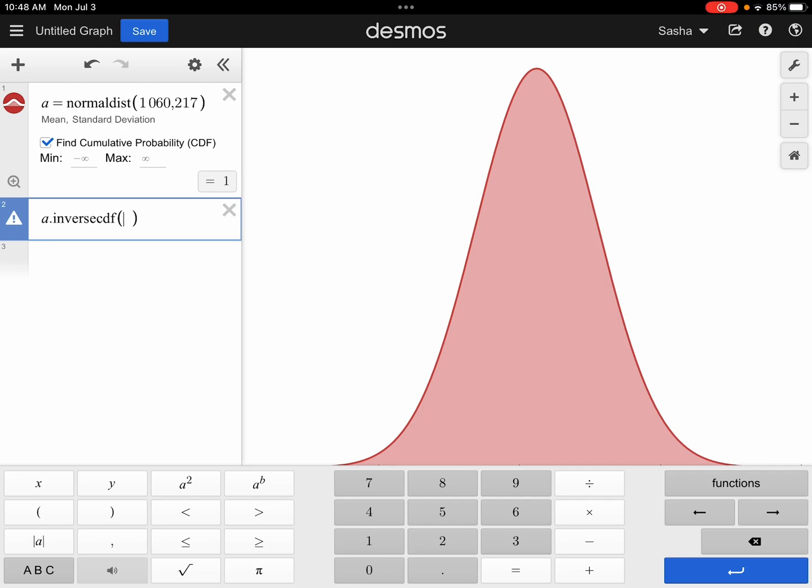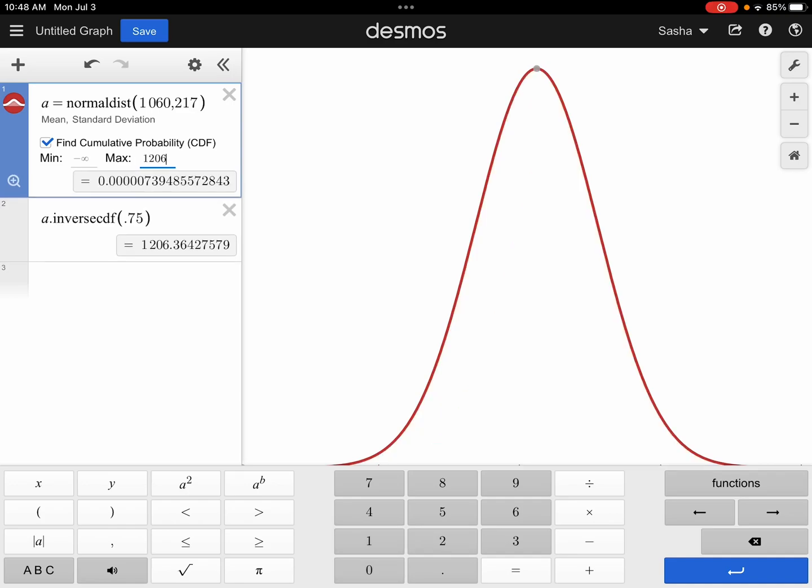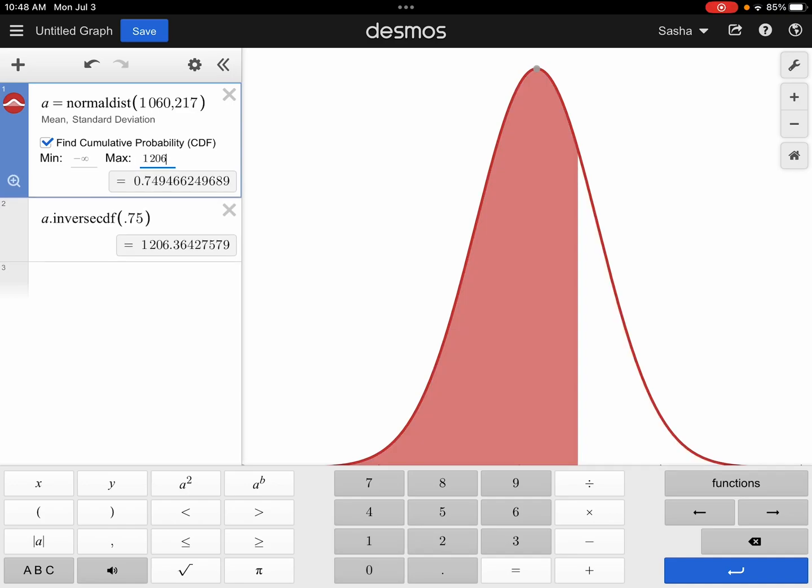That's going to allow me to then type something in. We said 75th percentile, so I type in my percent as a decimal, and it gives me a score of 1,206. You could double check that. If I go over here and type 1206, you'll notice I get about 75%. So the inverse CDF allows me to do that.